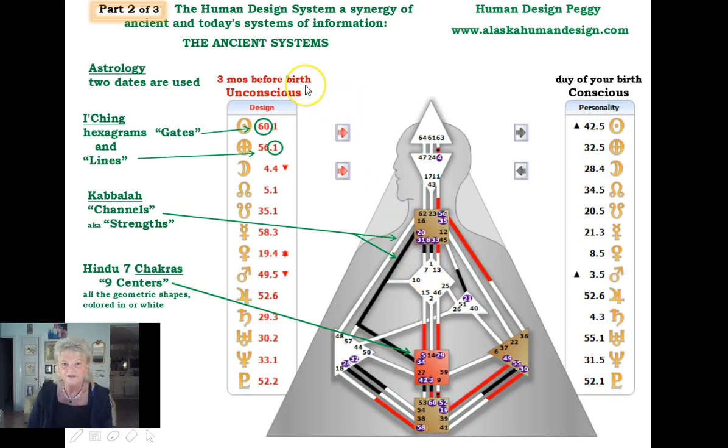And so over here, 3 months before he was born, while he was still in his mother's womb, this is where the solar system activated his aspects. And that's all of the red numbers, all the red whole numbers here. And that is what's reflected here. These red lines reflect what is unconscious. And this was 3 months before he was born.